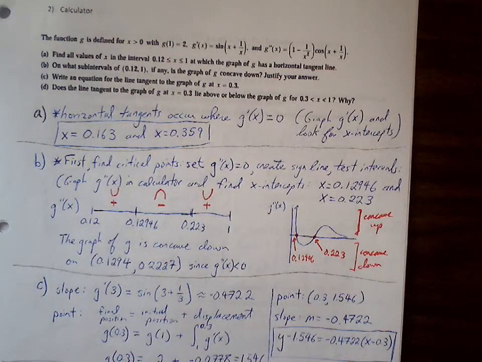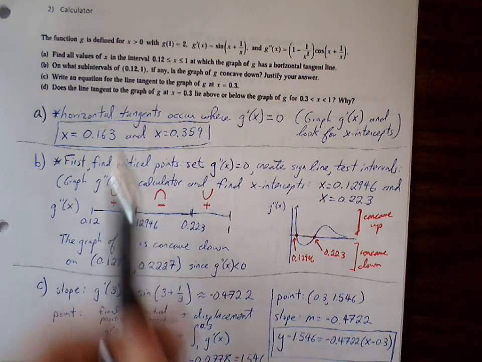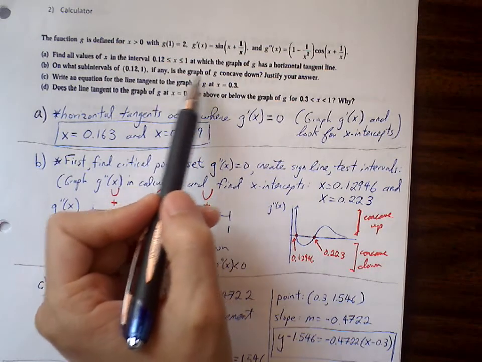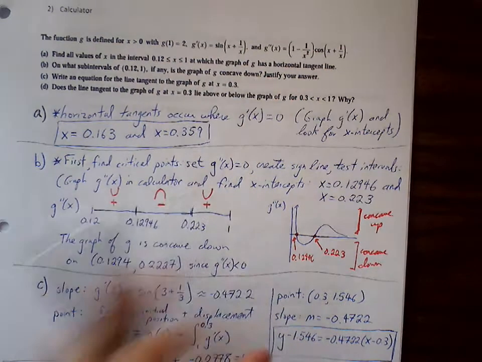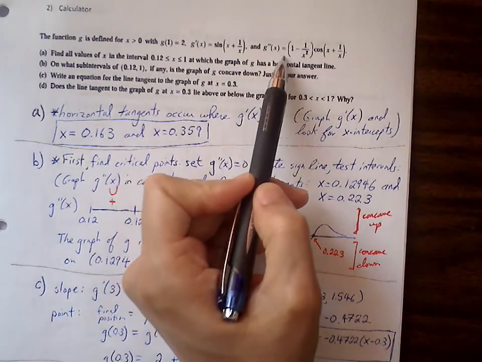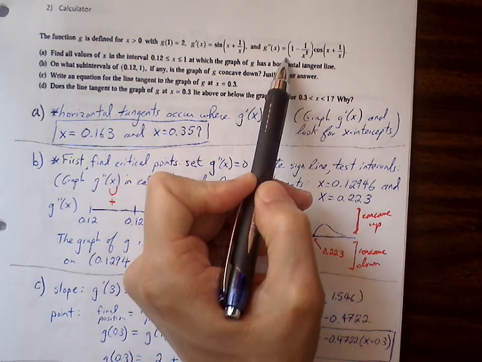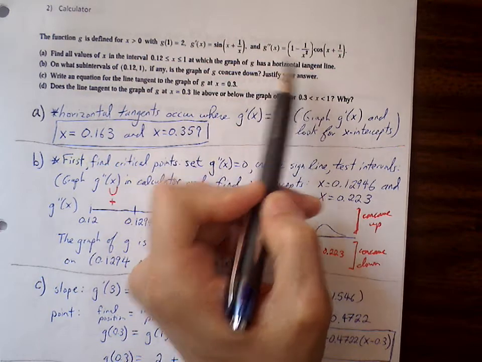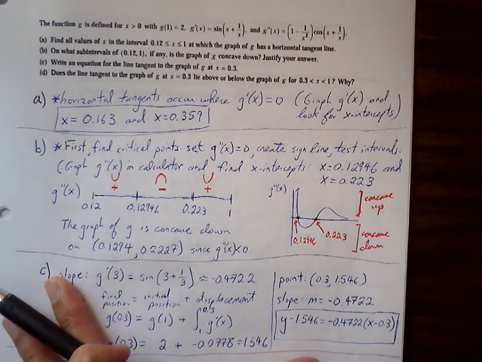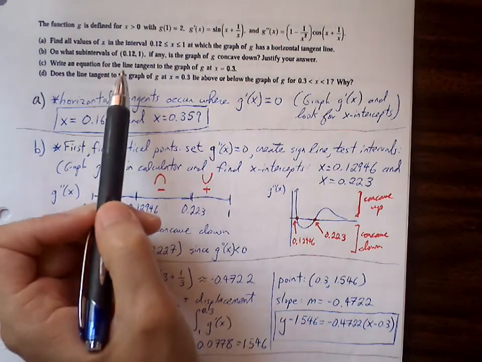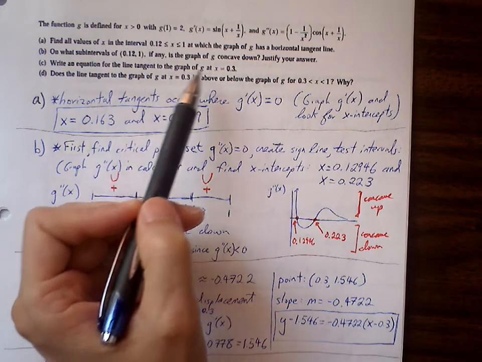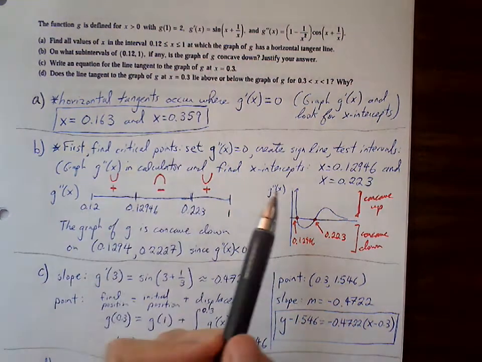Okay, part B, on what subinterval is the graph concave down? So what we can do is use the calculator to give us g double prime, and if we want to find out where our graph is concave down, we can use the second derivative function.